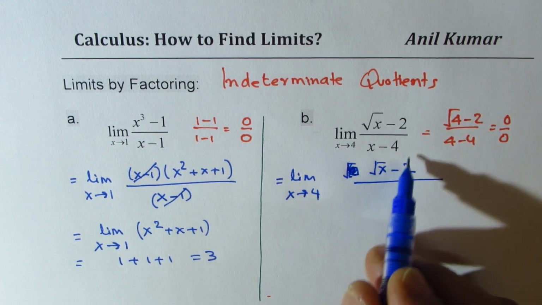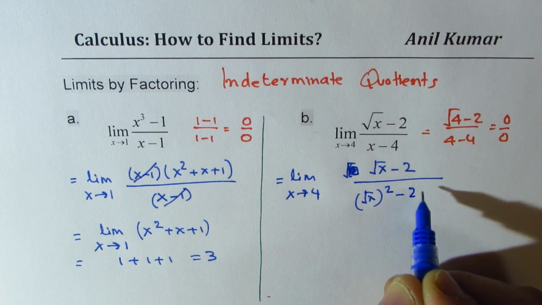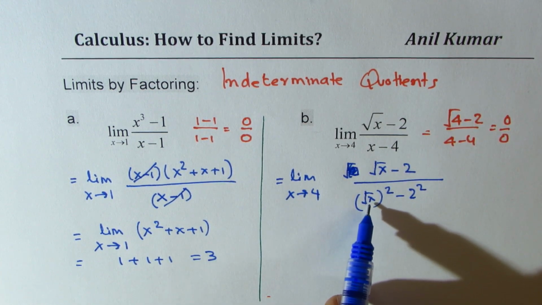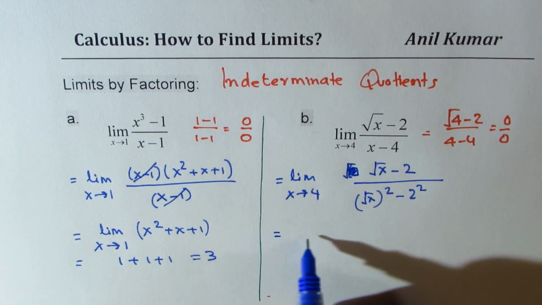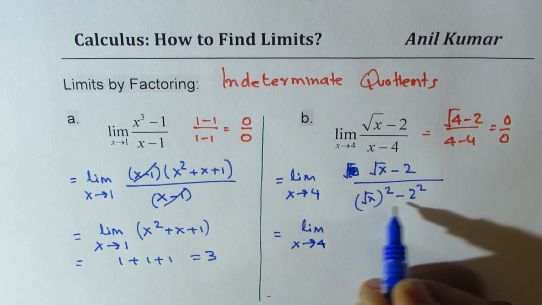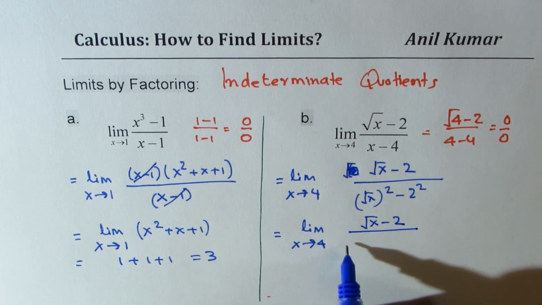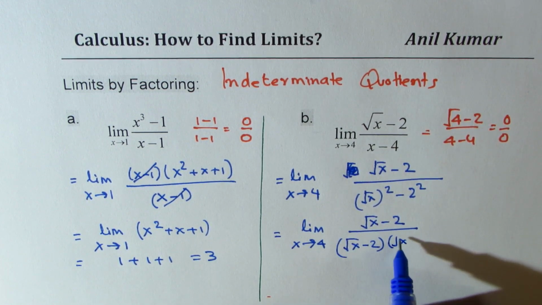Now we could think about the denominator as square root of x squared minus 2 squared, right? When x is approaching 4, we're taking this as positive x. So this could be written as limit x approaches 4, and we could factor this. So we get square root of x minus 2 divided by square root of x minus 2 times square root of x plus 2.